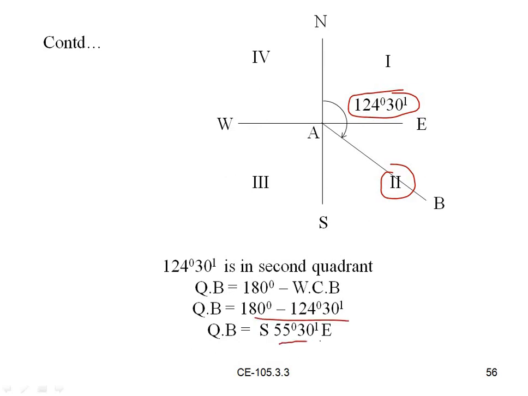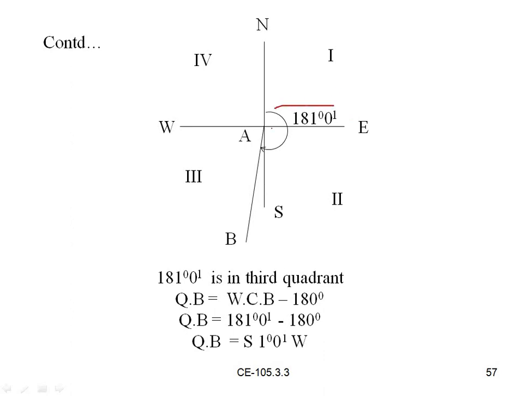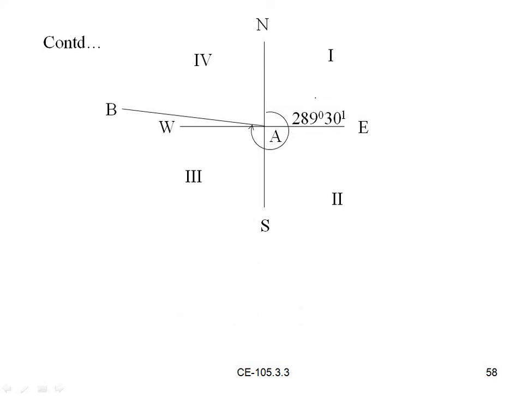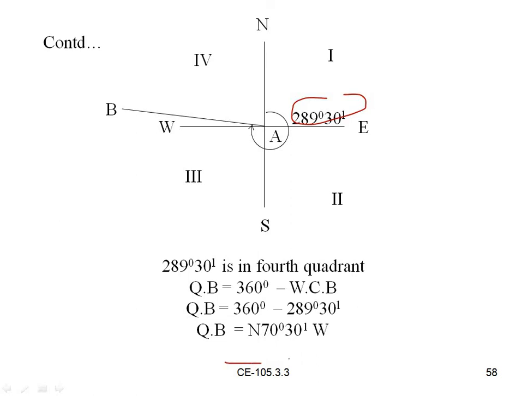We will get 55 degrees 30 minutes southeast. 181 degrees 0 minutes is minus from 180 degrees, then we will get south 1 degree 0 minutes. So 289 degrees 30 minutes we have to do from 360 degrees, we will get north 70 degrees 30 minutes west.